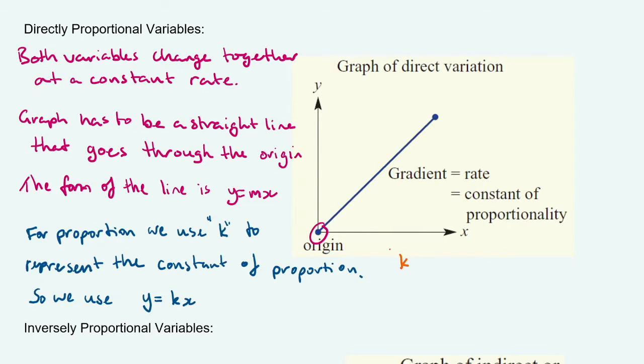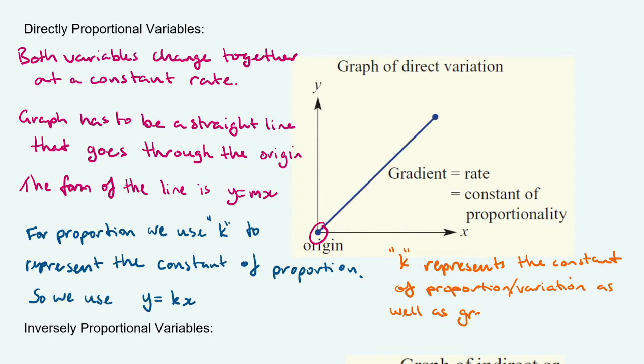So the K represents the constant of proportion or variation, sometimes it gets called, as well, the gradient or the rate of change.